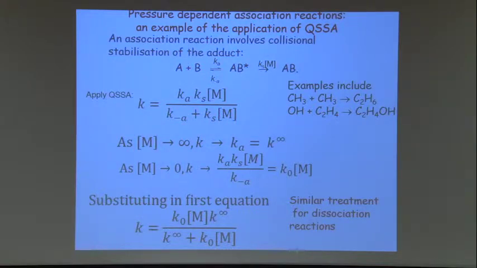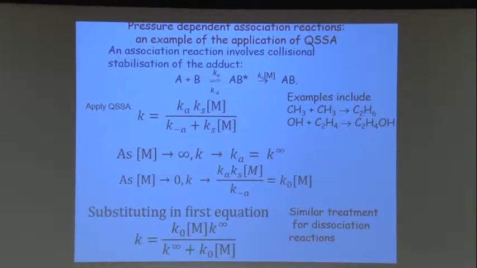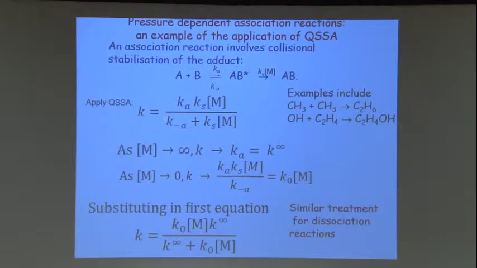So let's make m very, very large, and so m goes to infinity. This term dominates on the bottom, so we can neglect this one. And the rate constant becomes equal simply to Ka. And we call that K infinity.